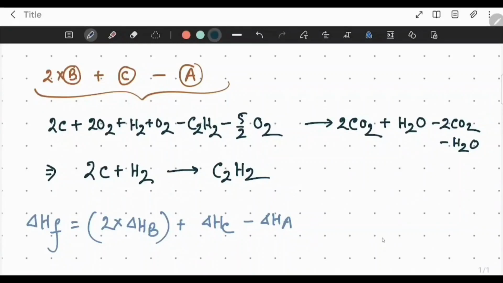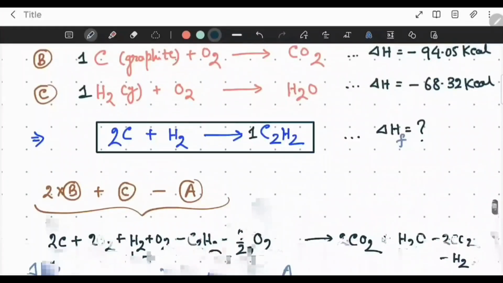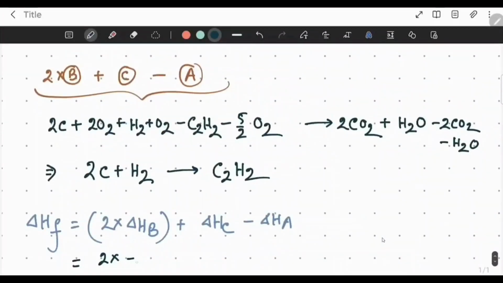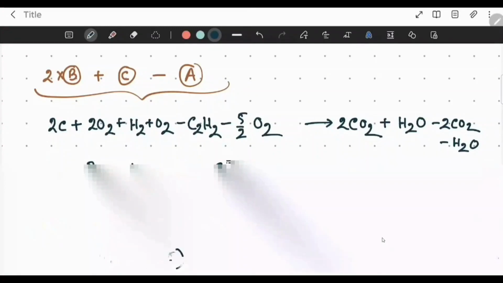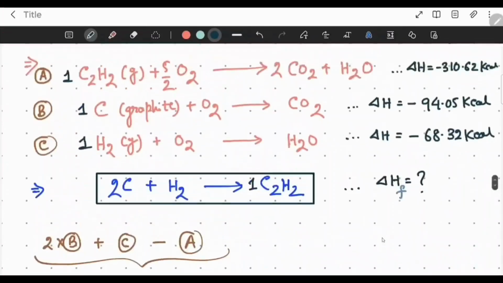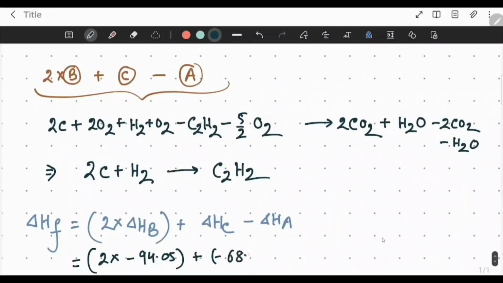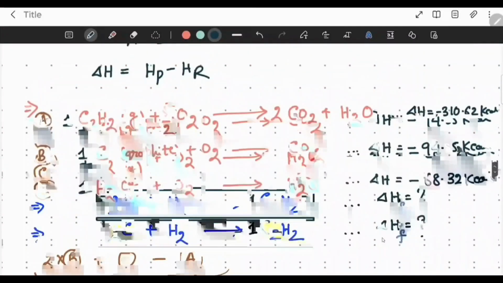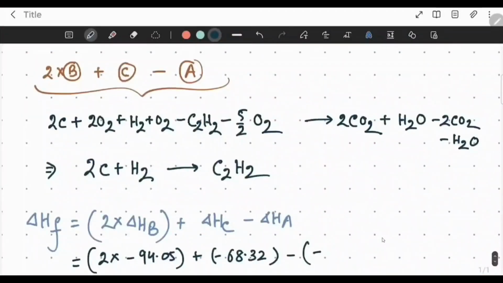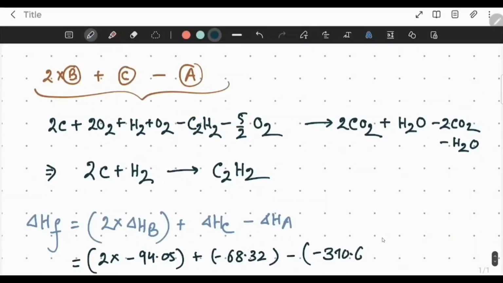So just calculate it. It will be 2 times minus 94.05 plus minus 68.32 minus of minus 310.62 kilocalorie.